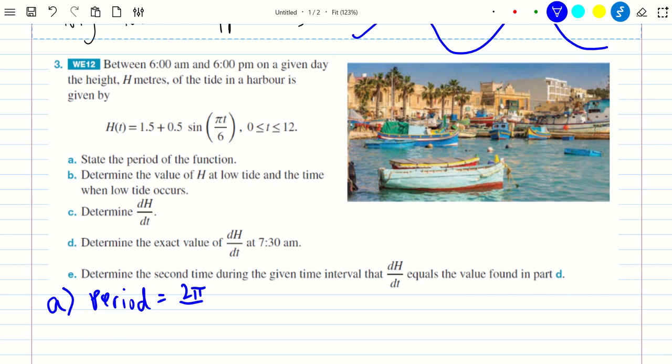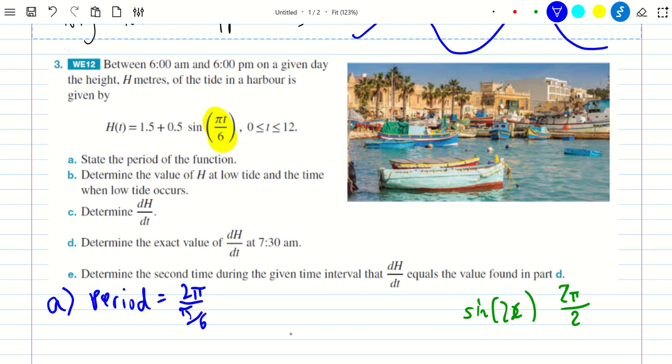What's in front of our independent variable, which is t in this case, is π on 6. If it was sine 2x, then that 2 is in front of the x, and the period will be 2π over 2. In this case, it's going to be 2π over π on 6. So that's going to be our period.